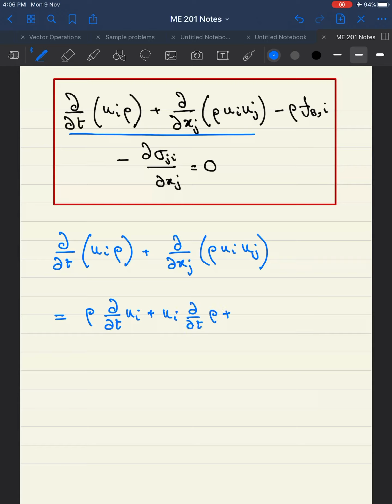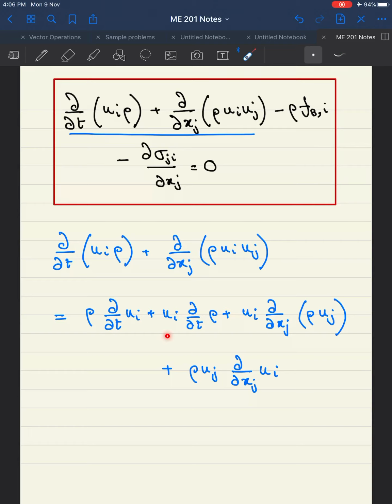Similarly for the second term, I will club rho and uj together and bring ui out. So the first term will be del xj of rho uj, plus rho uj del xj of ui.